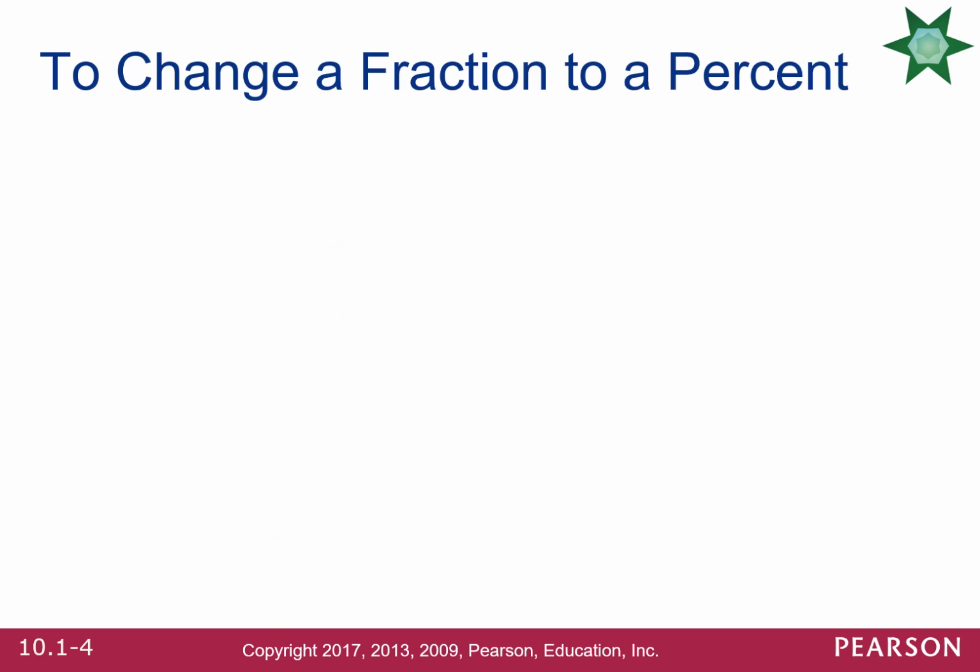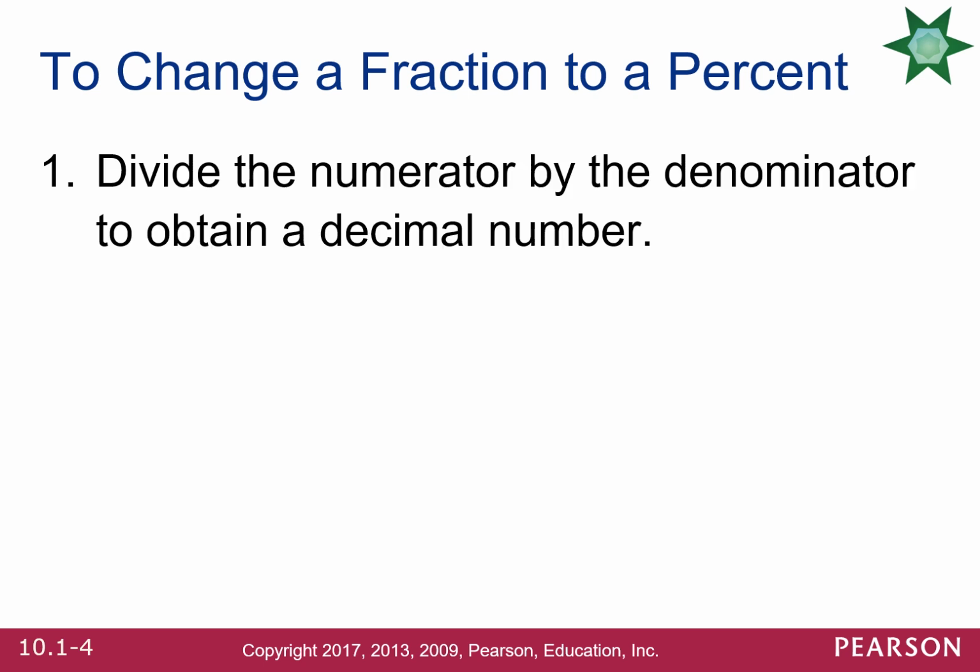So let's talk about how to change a fraction to a percentage. The first step is to divide the numerator by the denominator to obtain a decimal number. So a fraction will have a numerator and a denominator, of course. So let's look at this fraction here, 1 over 5. All right.